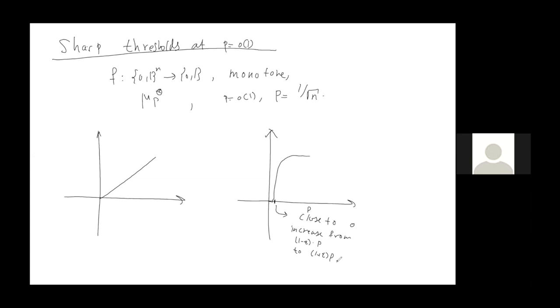Okay. So what turns out to be the quantity that you need to study when you care about this sort of increases is you need to, again, look at the derivative, but actually you need to multiply it by p. So let's adopt this p naught notation. So this is what distinguishes between these two behaviors.